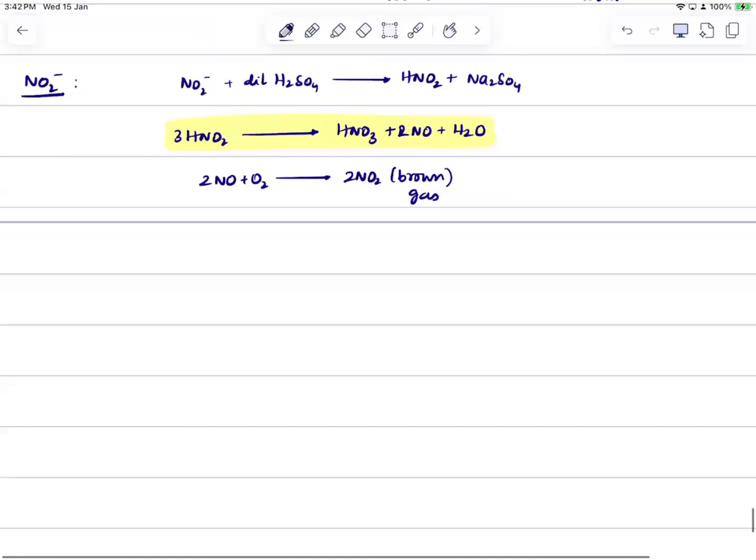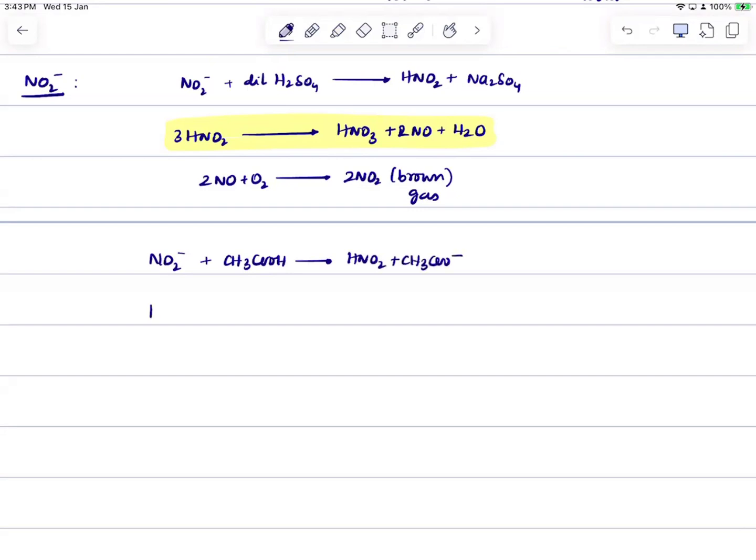Got it? Which means if I take any nitrite ion and add it with acetic acid, first I'll get HNO2 plus CH3COO-. And this HNO2, if you treat with KI and excess CH3COOH, you will get 2 moles of CH3COOK plus 2 moles of H2O plus NO gas plus I2.